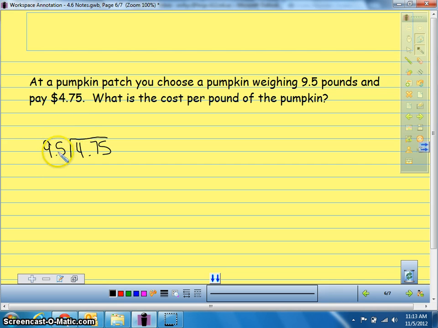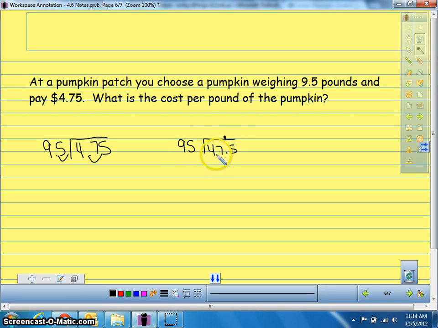I want to divide it by pounds. So I don't want to leave 9.5 out here, so I'm going to have to move my decimal one place. So now I have 95, and then I have 47.5. So I got to move my decimal straight up, and then I can start dividing.